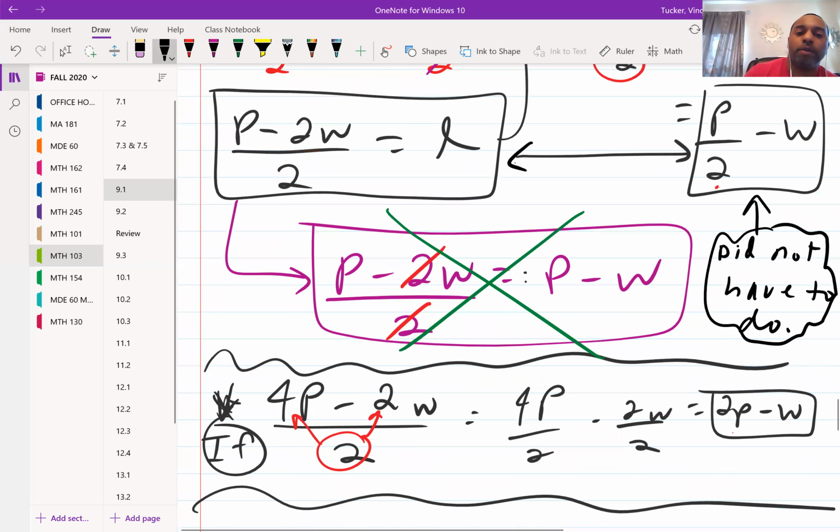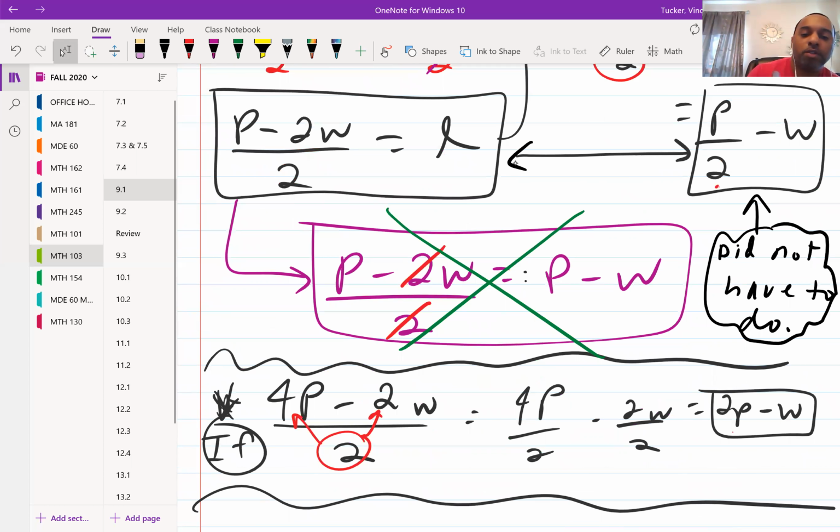All right, so the scenario in which you do have to reduce further. Notice it says if here. It does not have anything to do with the problem we just did. This is just a situation that you could be faced with. Notice that in this one, 2 can divide into this 2 here, and it can divide into this 4. Whenever you have that type of situation, you are expected to reduce further.